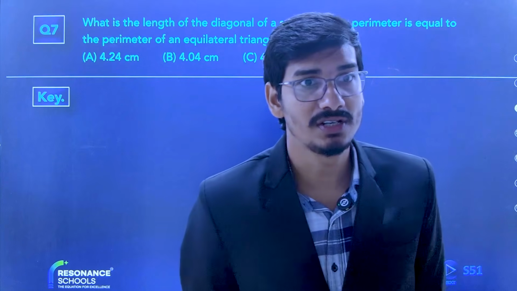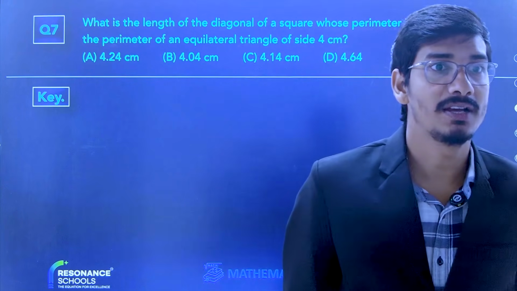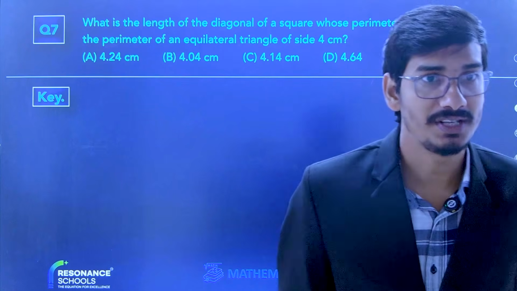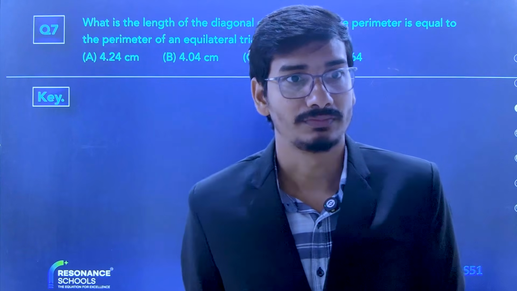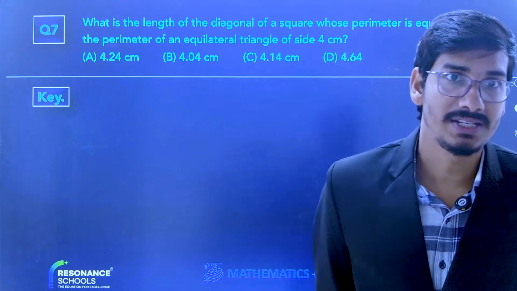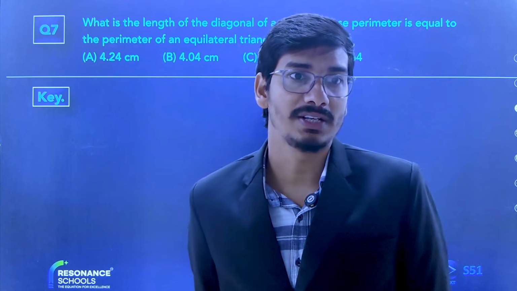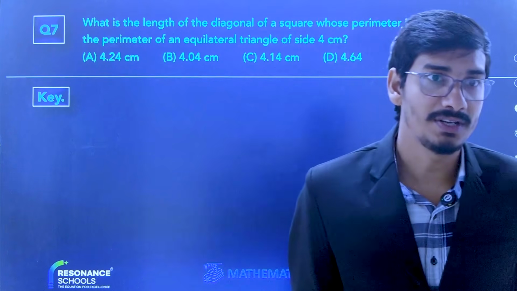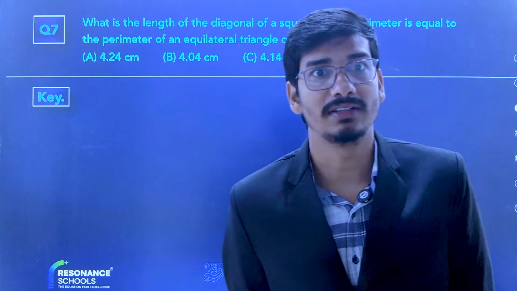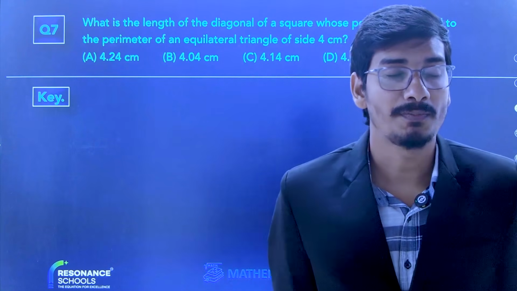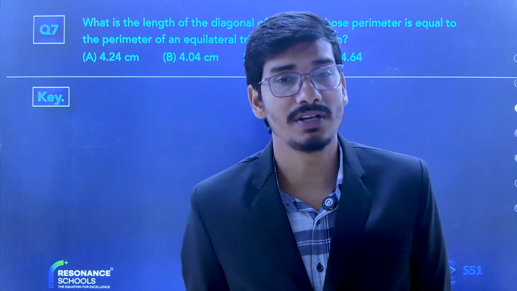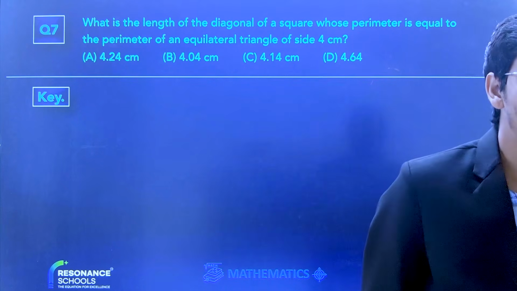Yes, beta, Viniksha, I'm seeing your message. If you see the question, it is saying that the perimeter of a square and an equilateral triangle are both the same.